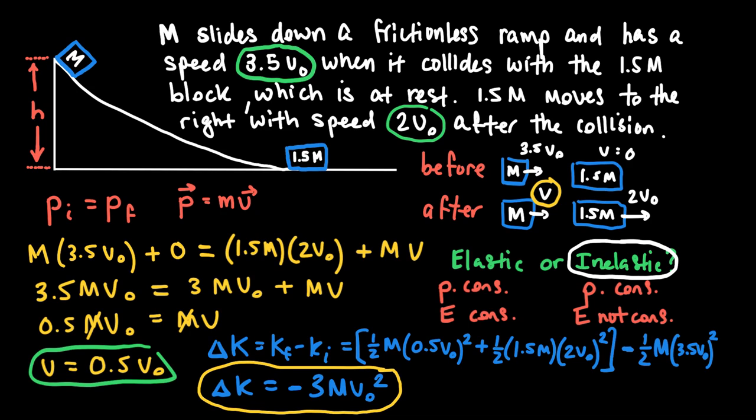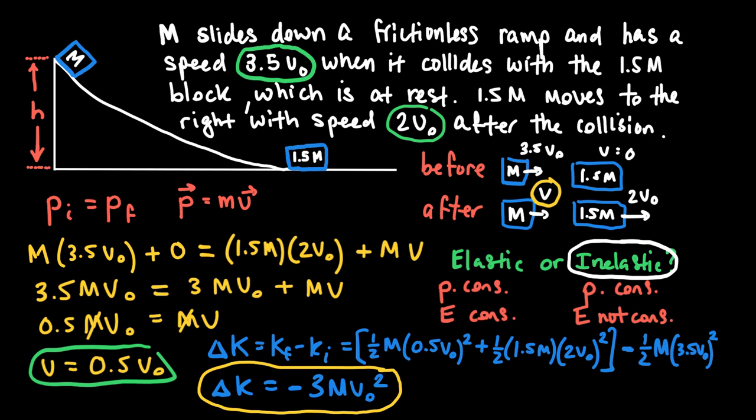Here, after the collision, the two boxes are moving with two different speeds, 2 v0 and 0.5 v0. Those are the two different speeds of the blocks after the collision. And since they have different speeds, they must not be stuck together. So just because the collision is inelastic doesn't mean that the objects stick together. Inelastic collisions are defined by the fact that energy is not conserved.